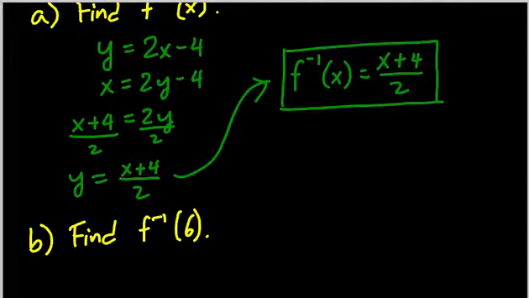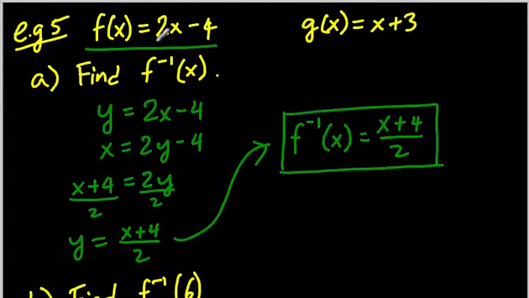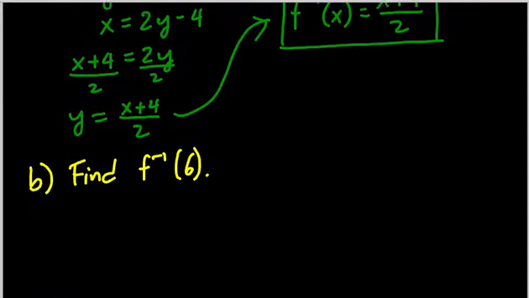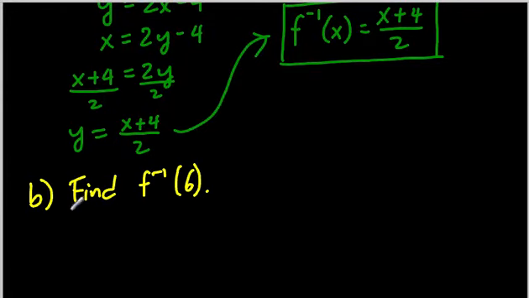And remember, we can't use the original function f because that's just the original function. It's not the inverse function. This right here is the inverse function. So let's go to this. I'm going to scroll up just a little bit. So I'm just going to rewrite our inverse function here. This is our general inverse function, which is equal to x plus 4 divided by 2.